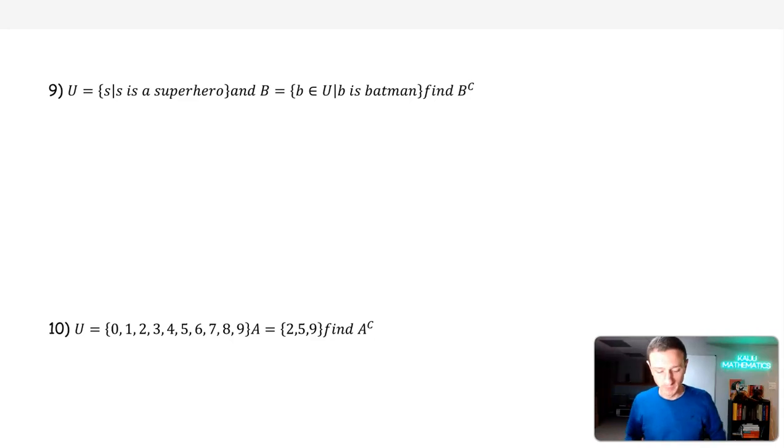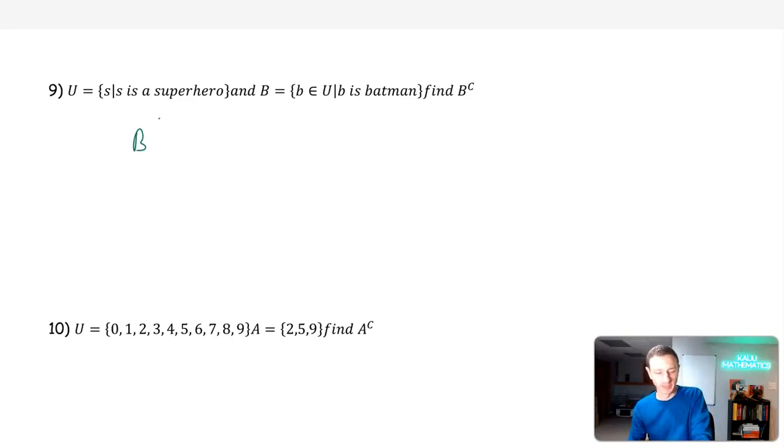So another example. The universe is S, such that S is a superhero. And in set B, we have B is Batman. Find the complement of B, being Batman.